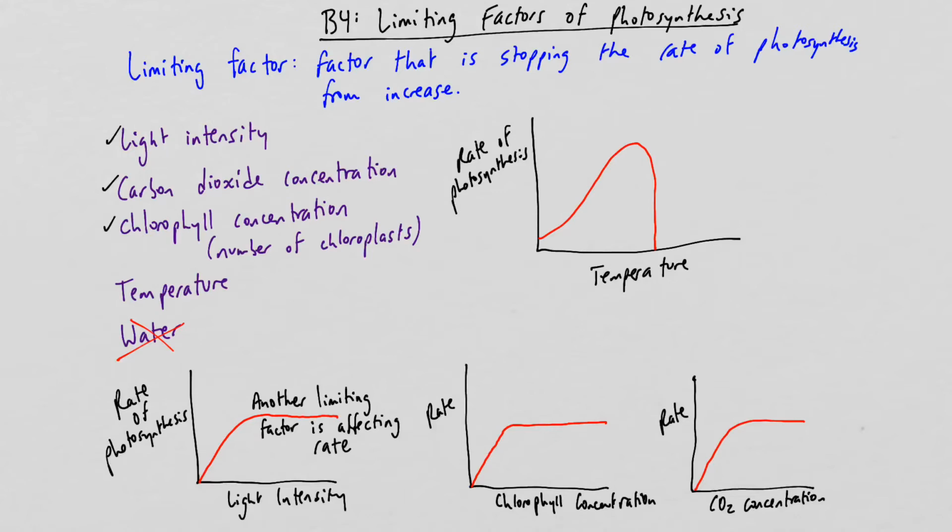So what's going on here? Some of you may have noticed that this graph, a temperature graph, looks similar to the effect of temperature on enzymes back in Unit B2, and that's exactly what's going on here. It has to do with enzymes. We'll start on the left-hand side of the graph.